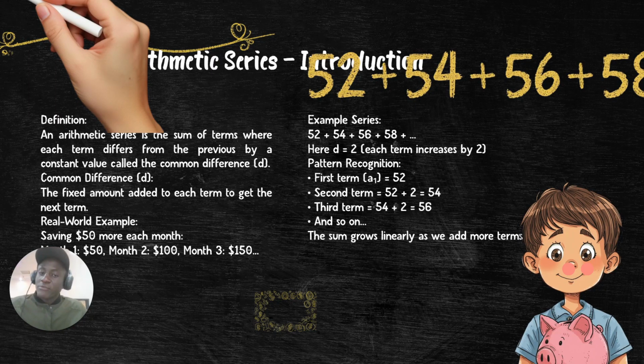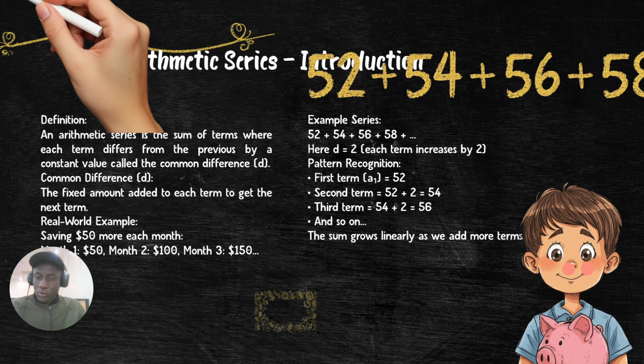This is a sum of terms where each term differs from the previous by a constant value, and this value is called the common difference, denoted by the letter D. So a series is a sum of terms where each term differs from the previous term by a constant value called the common difference.